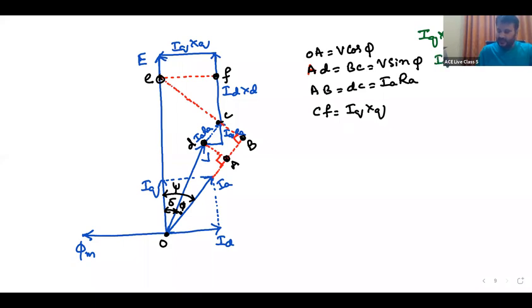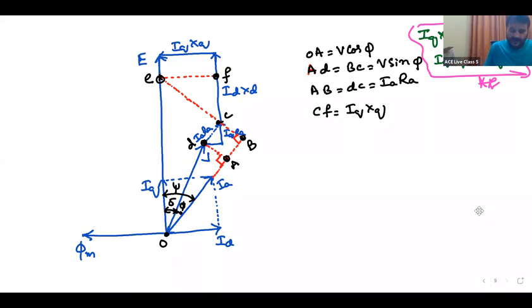I am writing I_q is equal to I_a cos psi, and X_q I am multiplying.